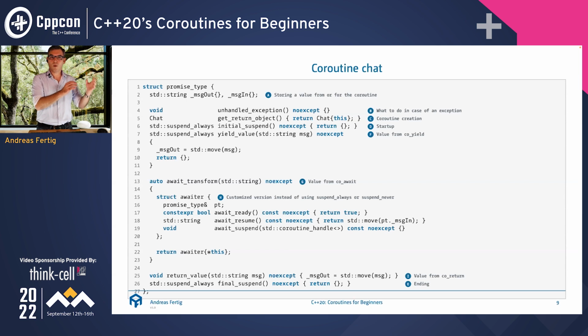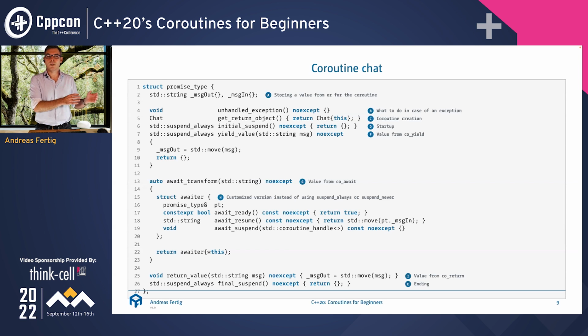Okay, so this is how we get the value out from the promise type, from our message in variable. And I don't do anything in await_suspend. I would get a handle of the coroutine here. You will see another implementation where I use that, but at this point I haven't used it.